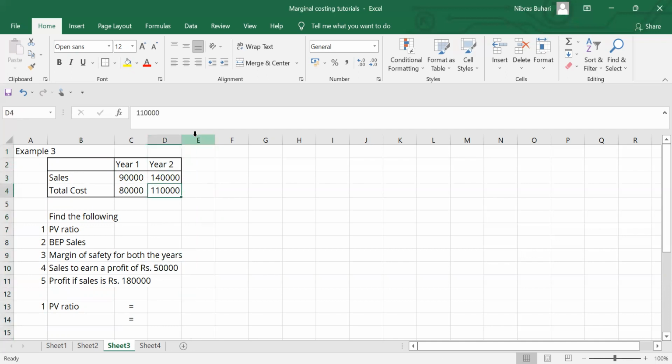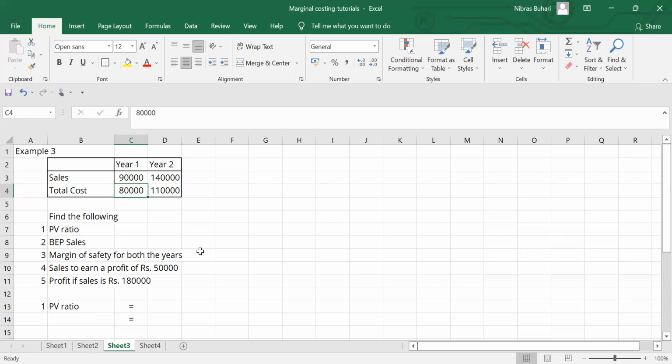Okay, this is the sum. Now, in a 2-period model, you can use the same formula to get all the answers except for the PV ratio. But once you find the PV ratio, all the other things are easy. But to find PV ratio, you can't use the existing formula I gave you because it is for a 1-period model.